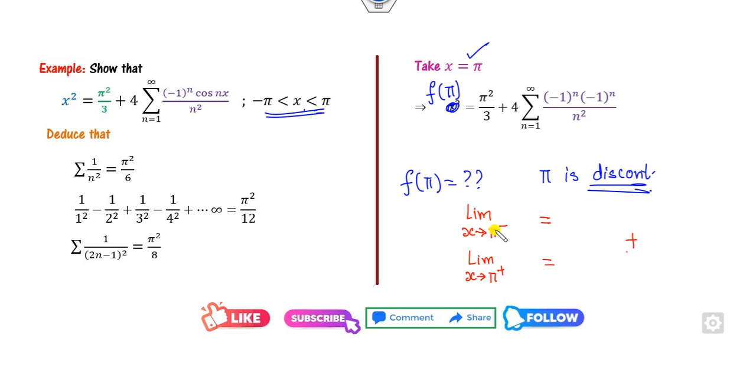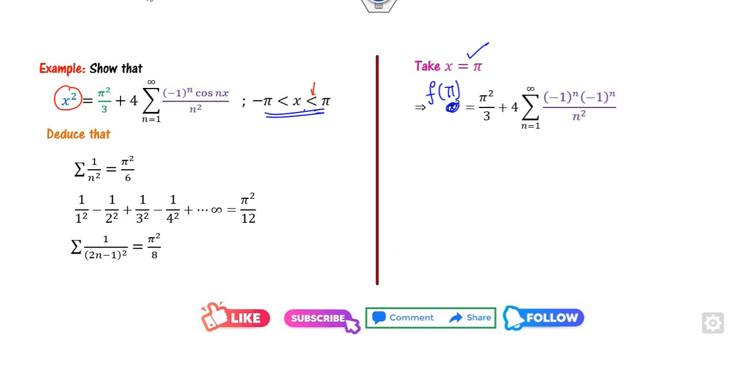So what is the limit at pi negative? Pi negative lies here, so that will be x square, that is pi square. Or I can write in a more generalized form: f of pi negative plus f of pi positive divided by 2. That is the value in this case.